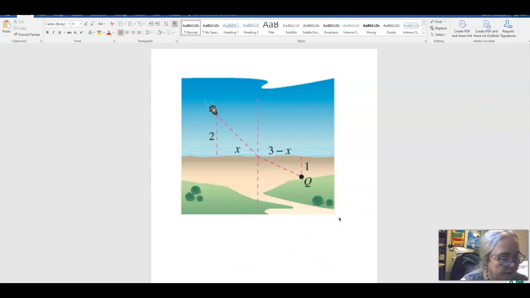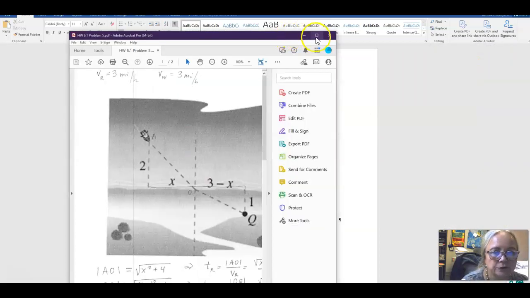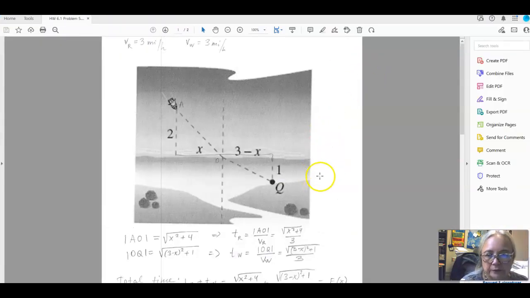When we look at this information on paper, I label for you the speed of the boat, V sub r from row, 3 miles per hour, and V walking, 3 miles per hour. So AO is the distance from his current location to the shore here, and it will be square root of x squared plus 2 squared. And then distance OQ will be the hypotenuse of another right triangle, and it's here.